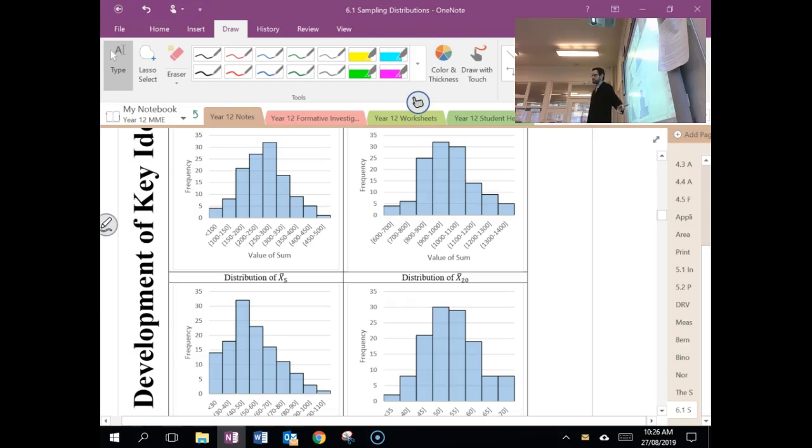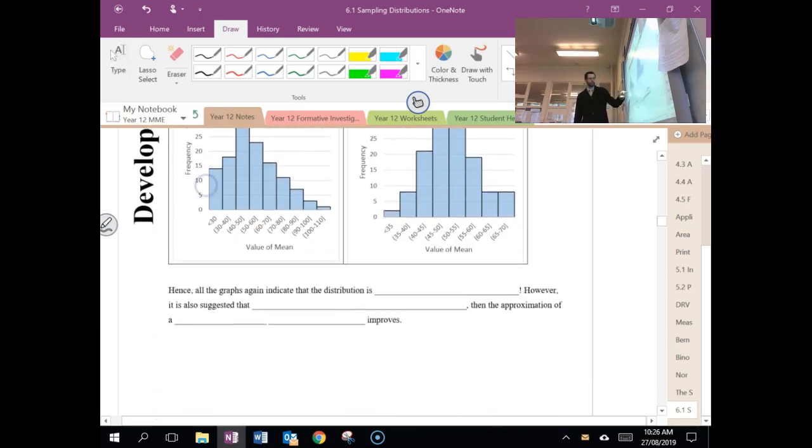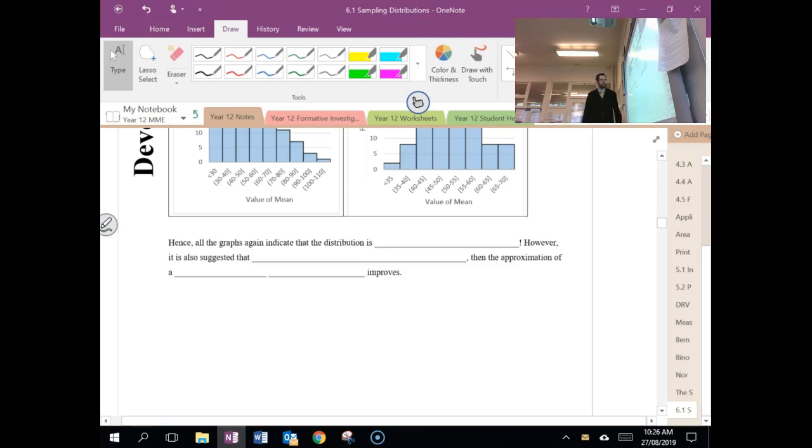Especially in this case, yes, because when we got 5 here, you could argue that that is probably skewed. But as you go to here, it's clearer that this is a normal distribution. So what that actually shows us is that these graphs indicate that the distribution is normal.